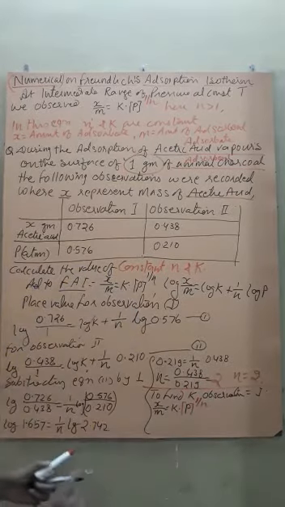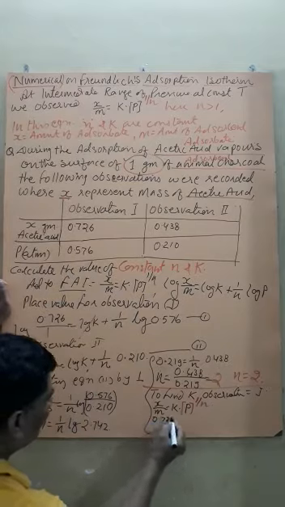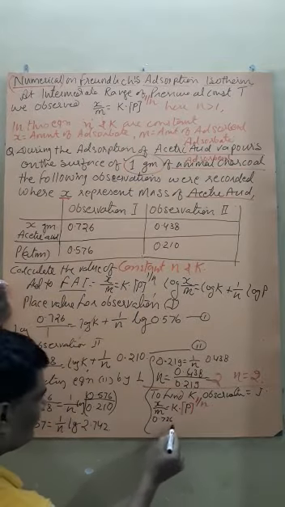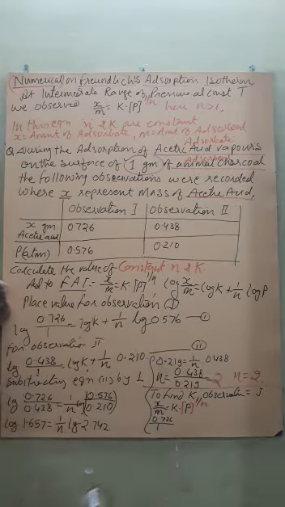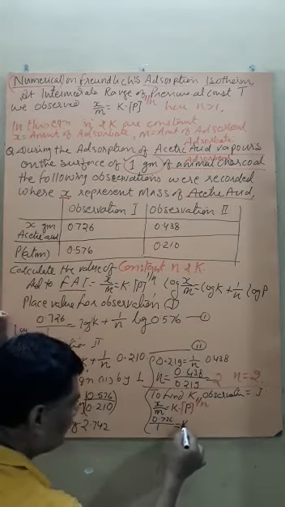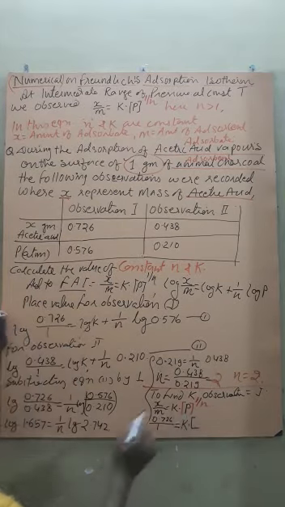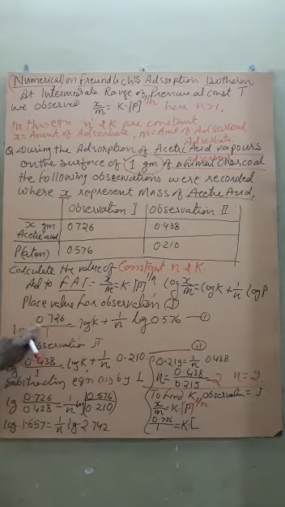Now X by M, so 0.726 divided by M, which is 1, is equal to the value of K, which we have to find, so K into P, so you can take the pressure.